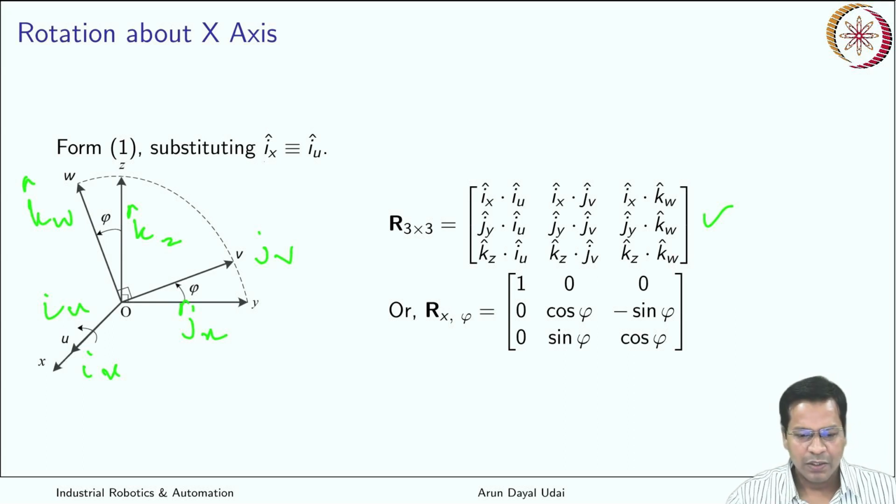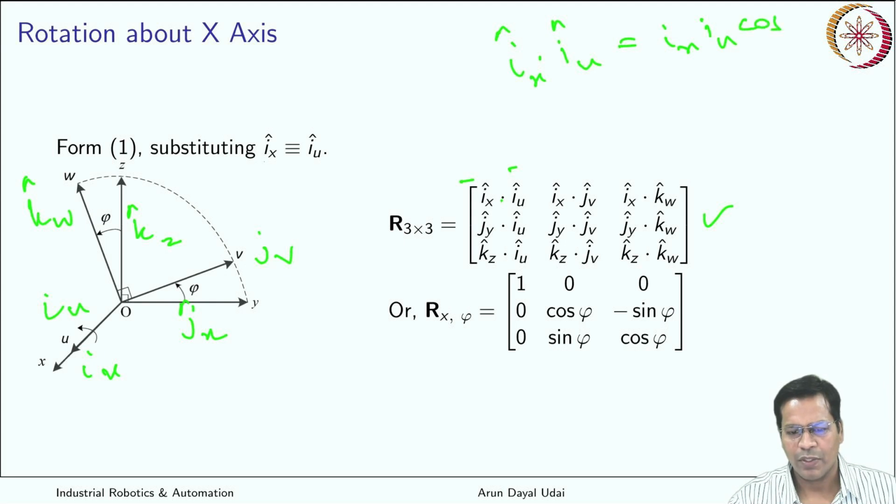Now, substituting IX and IU here, the angle between them is 0 degrees. It hasn't changed. So IX dot IU is equal to the magnitude of IX and IU times the cosine of the angle between them. Because the angle is 0 degrees, cosine is 1, and these were already unit vectors, so effectively this gives you 1.